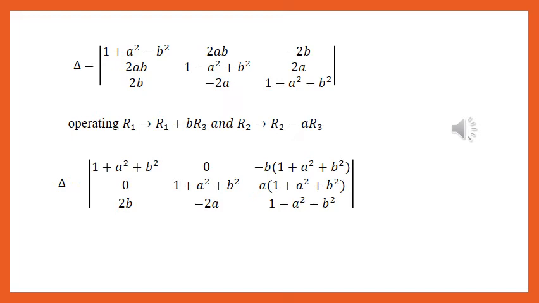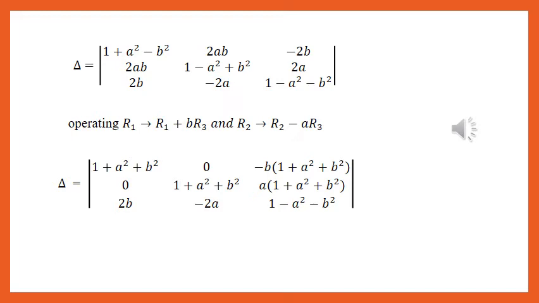So 2ab minus 2ab, that's 0. Then the second element of the third row is minus 2a. Multiply by a. Then it is minus 2a square. Now you do 1 minus a square plus b square minus 2a square minus 2a square, that is plus 2a square. On simplification, 1 plus a square plus b square.